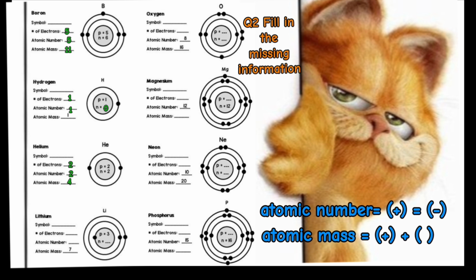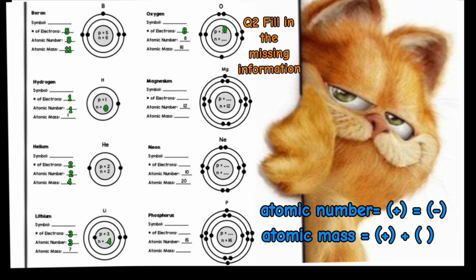The next atom is lithium. It has 3 electrons, so the atomic number is 3. And its atomic mass is 7, so the number of neutrons is 7 minus 3 is 4. The next atom is oxygen. It has 8 electrons, so the atomic number is 8. The number of protons must equal the number of electrons, so the number of protons is 8.